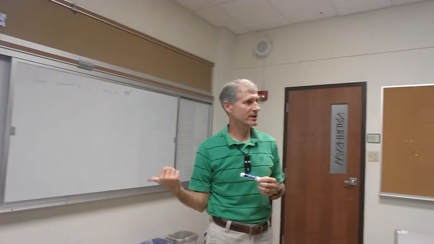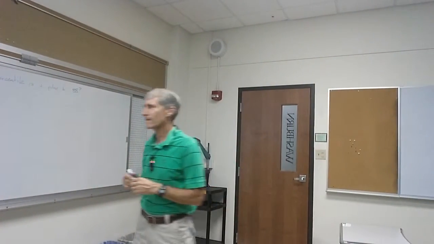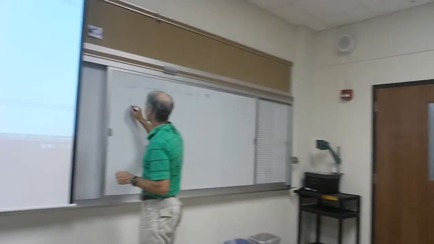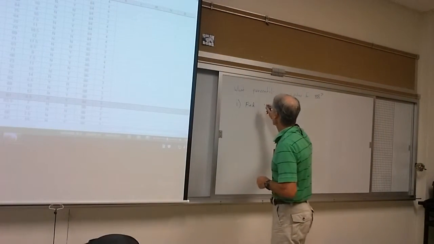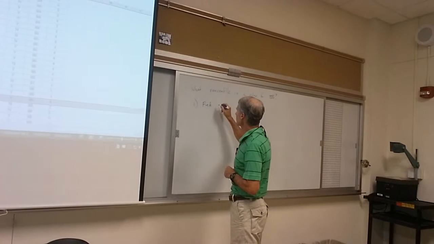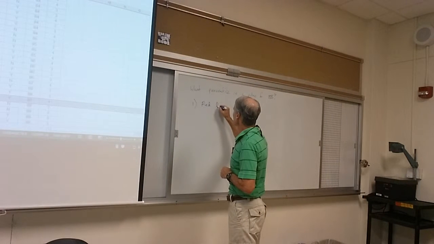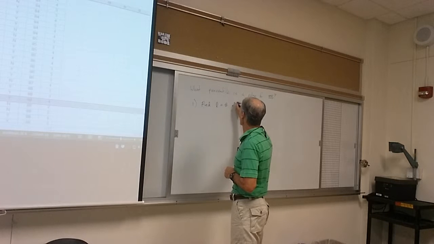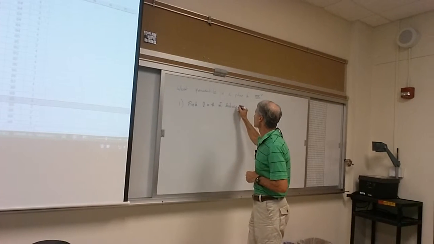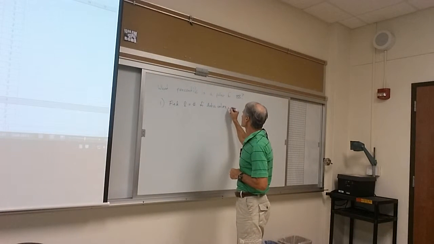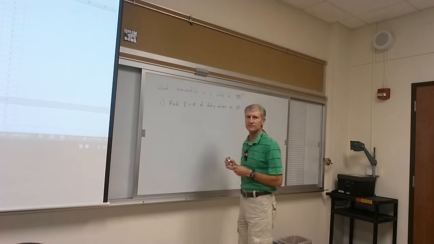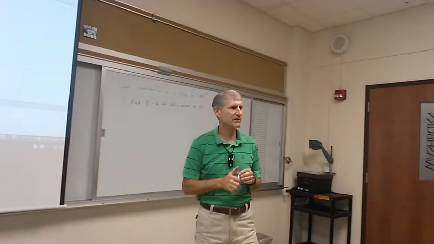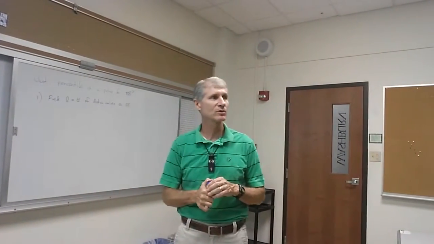Now I want to use that example to go the other direction. What percentile is a pulse of 88? First step, find L, the number of data values less than or equal to 88.